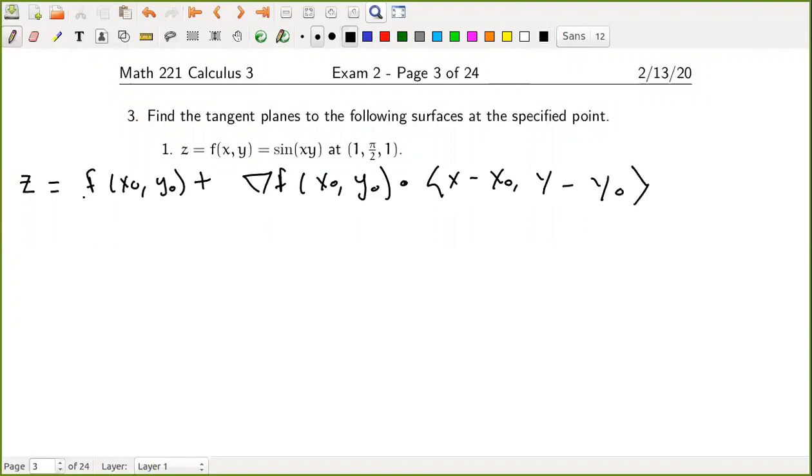And this right here, this is just z0. And this is x0, this is y0, this is z0.